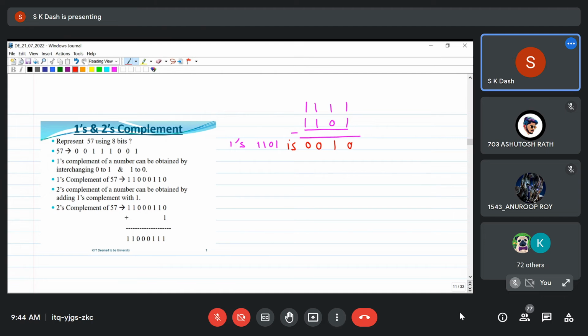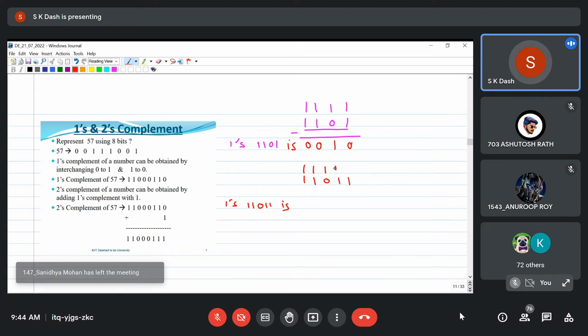Okay. Now tell me another example of a 5-bit number. Any 5-bit number? 11011. Okay. So the one's complement of 11011. Now it is 5 bits, so we need to subtract this number from 5 ones.